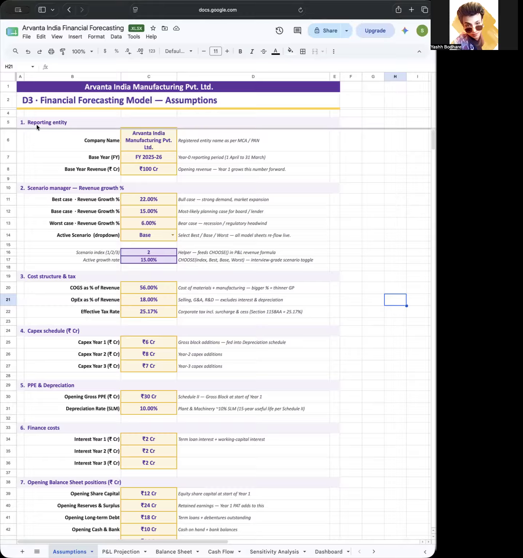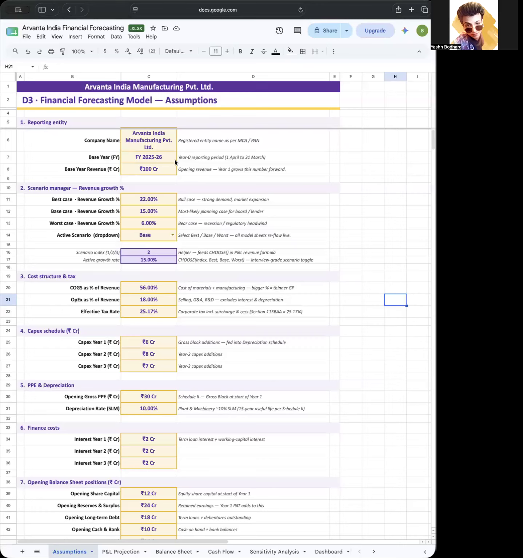So, as you can see, Arvanta India is a fictional mid-sized Indian manufacturing company involved in producing industrial and electrical components. From a financial model perspective, defining the company and industry is important because the assumptions must reflect the nature of the business.